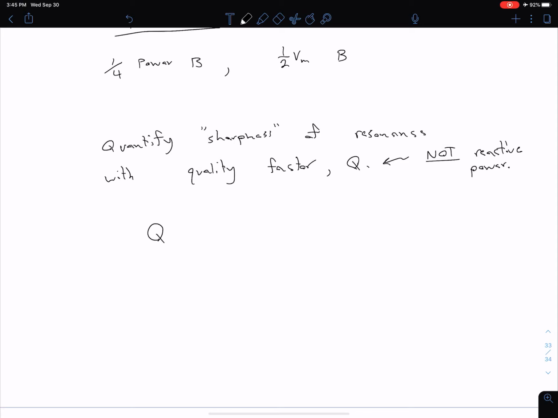We can define our quality factor in one of several ways. We can define this as omega naught L divided by R. We can define it as 1 divided by omega naught C times R. Or we can define it as the square root of L divided by C, all divided by R squared.